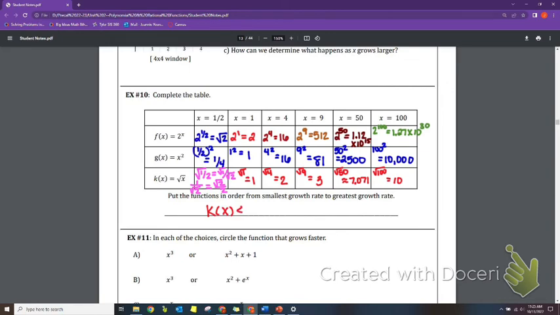Well, g of x only grew to 10,000, where f of x grew to 1.27 times 10 to the 30th, which means 127 and like 28 zeros after that? That's a really big number. So g of x would be our next smallest, leaving f of x to be our largest.